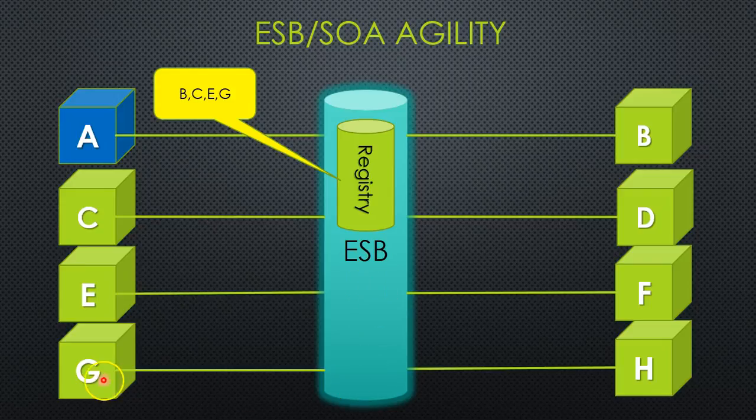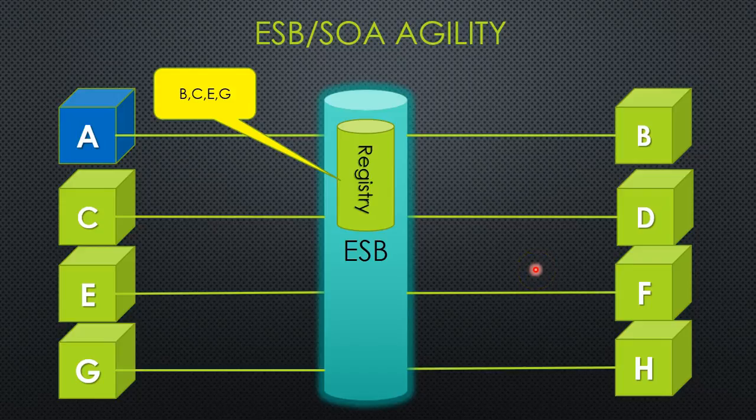Finally, it goes to G. It knows where to get its data, put its data, and it comes back to A, and the process is complete. So that's obviously good because B can talk to C and E and F and H and D can talk to B and D, and everything works just fine.